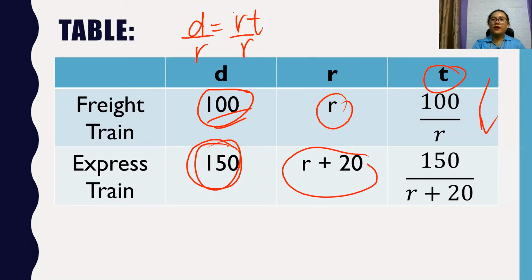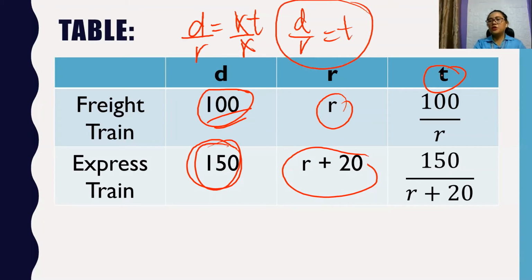So we have there, canceled. Yung naiwan na lang ay D over R for that time. That's why yung time nyo for this one here, yung D daw is 100. Okay, ito yung 100, the distance. Then, over R. Ito siya. That is for the time.